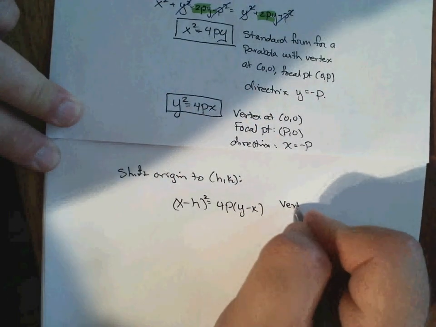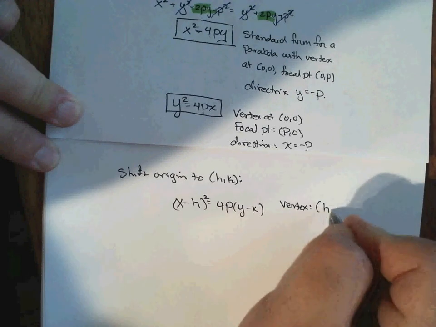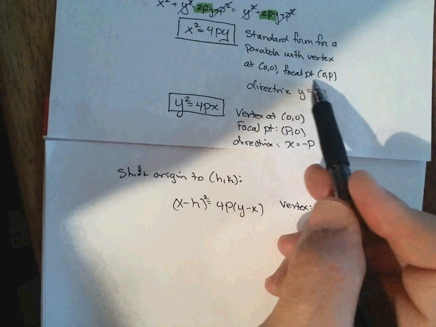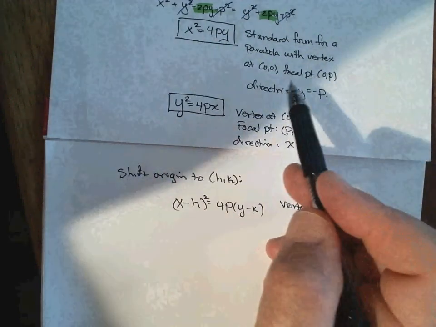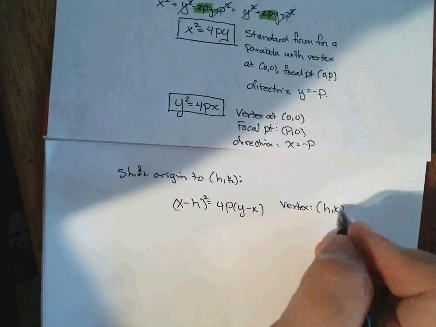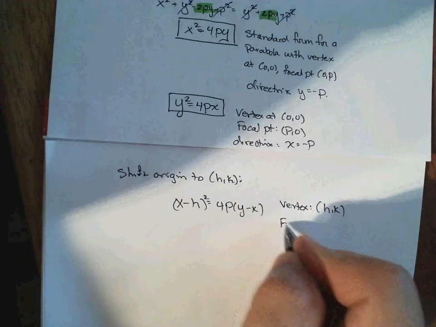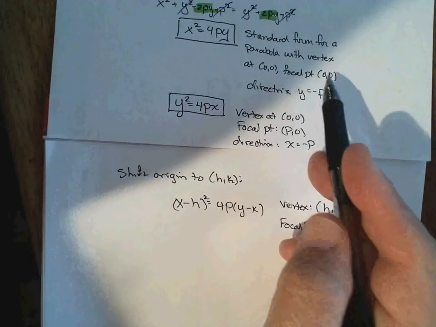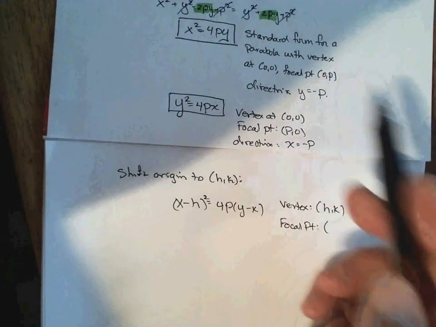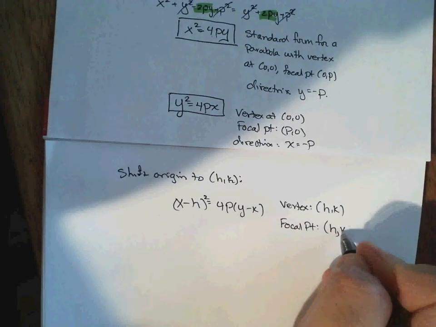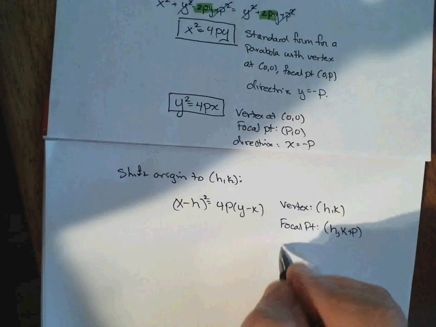And so now the vertex is no longer at the origin, it's at (h, k). And when you want to measure where the focal point is, well, the focal point is still p units away from the vertex, but now this is where the vertex is. So instead of us going up from (0, 0) to (0, p), we're going to go up from (h, k) p units. So that's (h, k plus p).